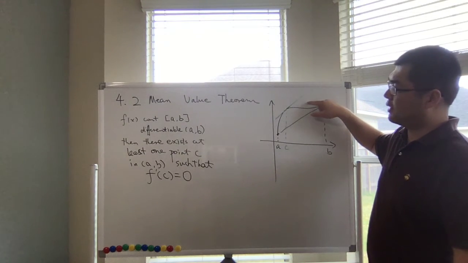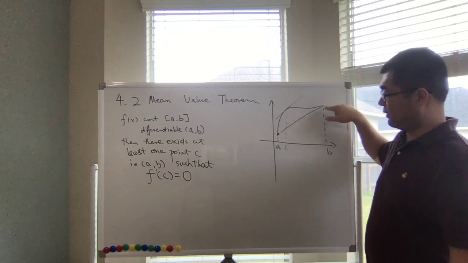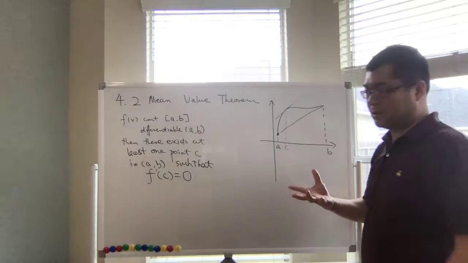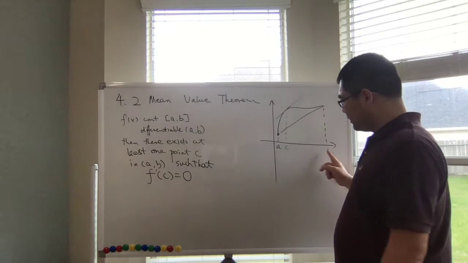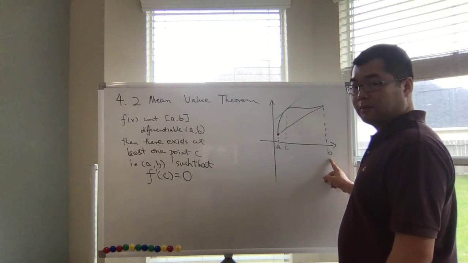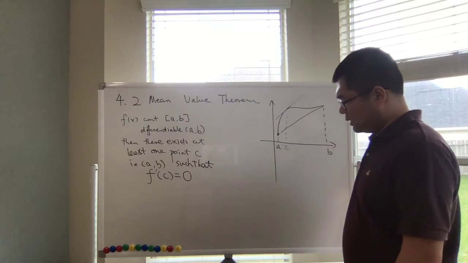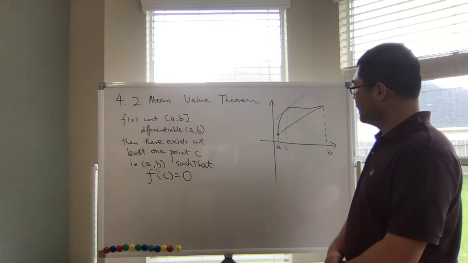If we have a function f(x), which is like this, as you can see that right now f(a) does not equal f(b), right? That is one of the conditions in Rolle's theorem.